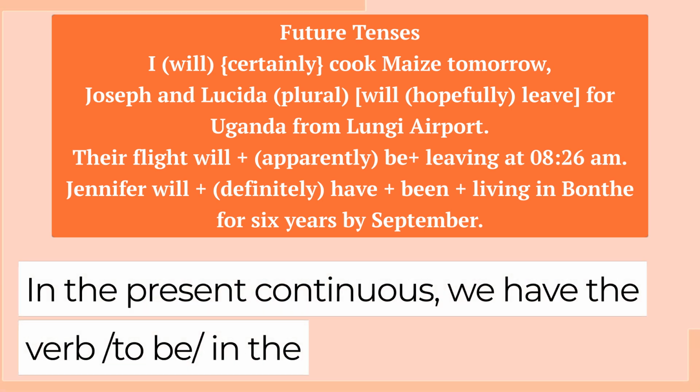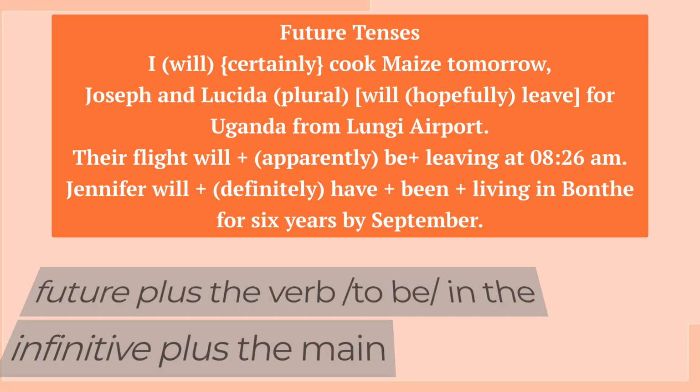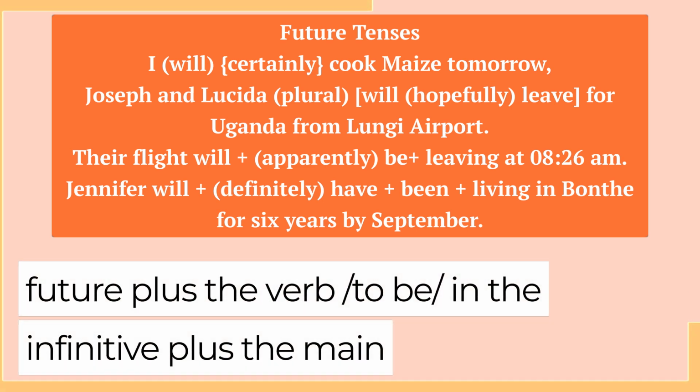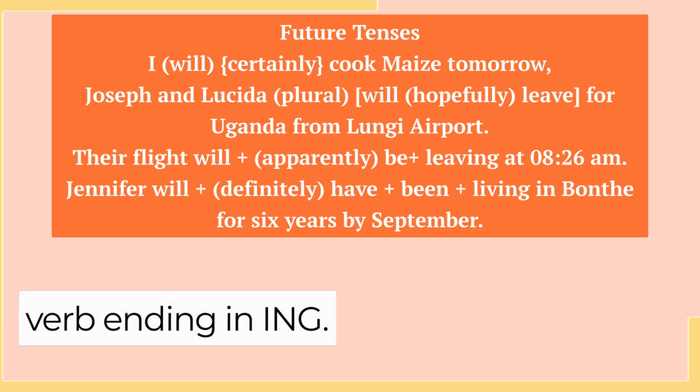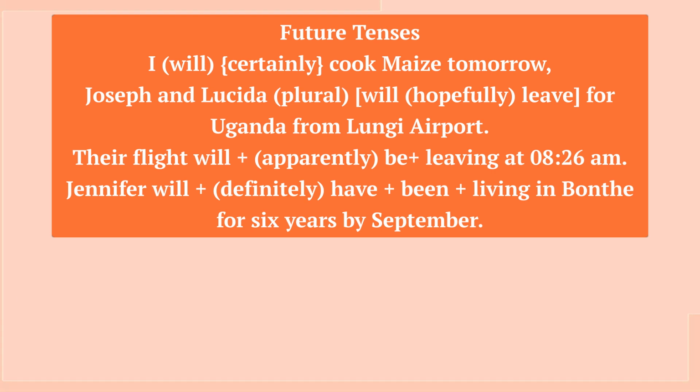In the present continuous, we have the verb to be in future plus the verb to be in the infinitive plus a main verb ending in ing. Will plus be plus ing. 3 words.